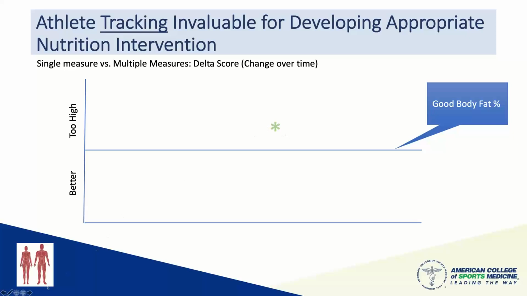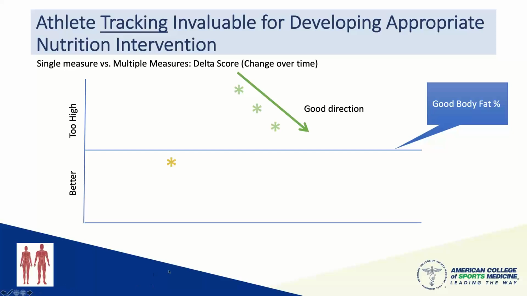We're gonna put you on a restrictive intake. But what if a month earlier that athlete's body fat level was even higher? And what if a month before that that athlete's body fat level was even higher without any intervention at all? This athlete is moving in the right direction. Why would you intervene in something that's already successful? Because your intervention may interfere with an already successful strategy.